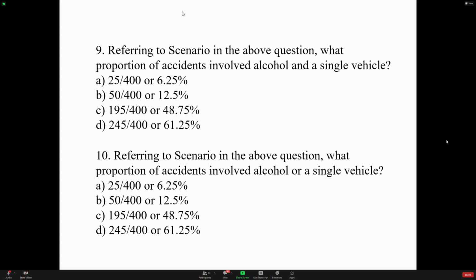Referring to this scenario, what proportion of accidents involved alcohol and a single vehicle? Alcohol and a single vehicle.